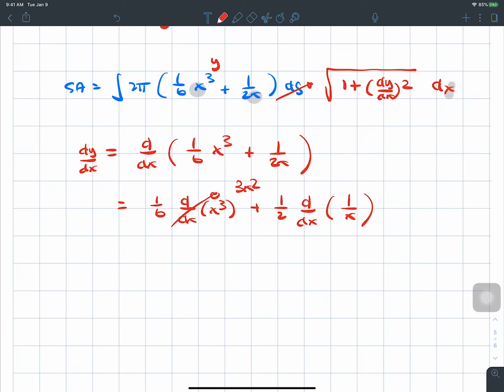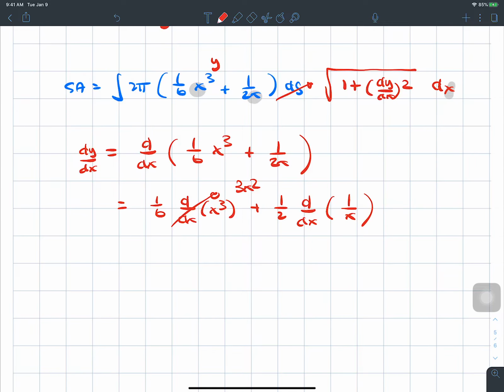So square this. 1/2 x squared minus 1 over 2x squared, times 1/2 x squared minus 1 over 2x squared.